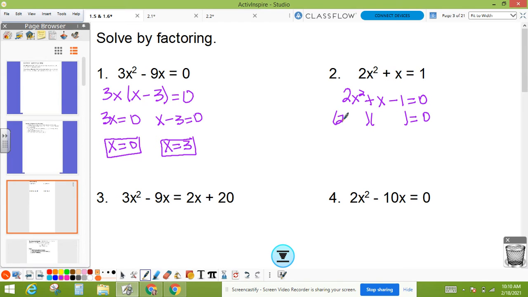So let's see, 2x times x and 1 times 1 will give us our numbers. So to get the guy in the middle, if this is a positive and this is a negative, that should work out. So positive 2x here, negative 1x here, and we know we need different signs because that guy's negative. All right, so then set your factors equal to 0.